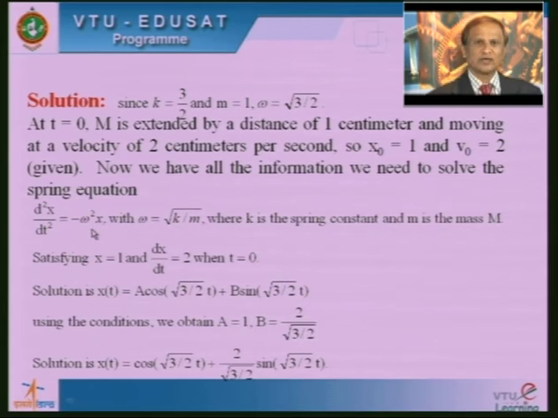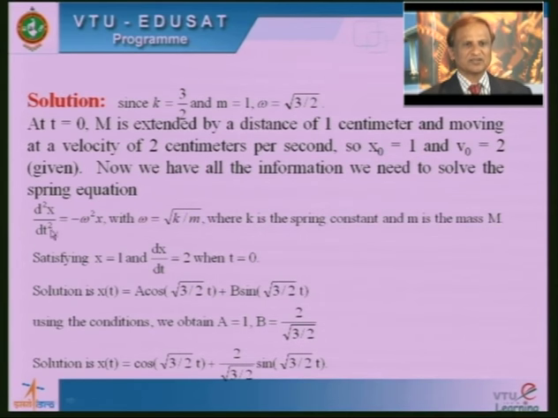Now, how are we going to solve this equation? As usual, you can find the symbolic form of the equation. Simply replace d by dt with capital D. It can be written as D square x plus omega square x equal to 0.